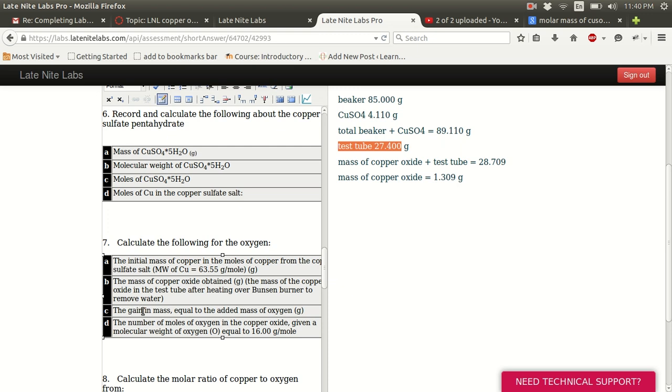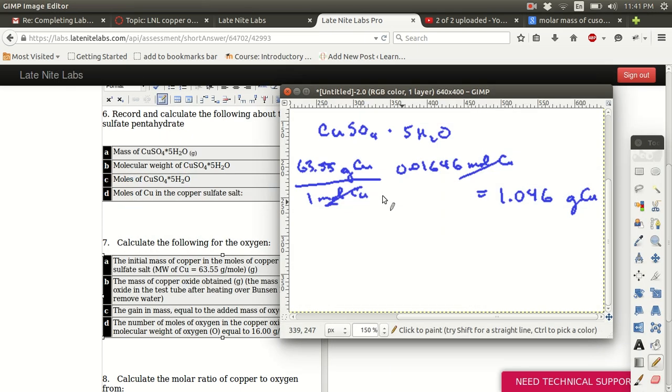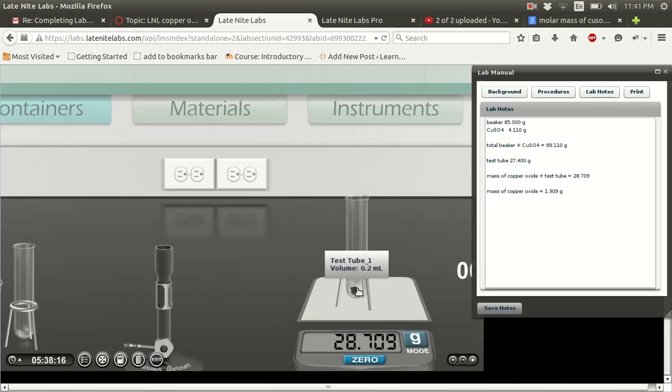What is the gain in mass? All right, so this is copper oxide, 1.309, and my last calculation was the copper, 1.046. So 1.309 minus 1.046 should equal the grams of oxygen, because the only difference between the copper that I added in the form of copper 2 sulfate pentahydrate and the copper that is in this black stuff is that in this black stuff some oxygen atoms from the air got incorporated chemically.